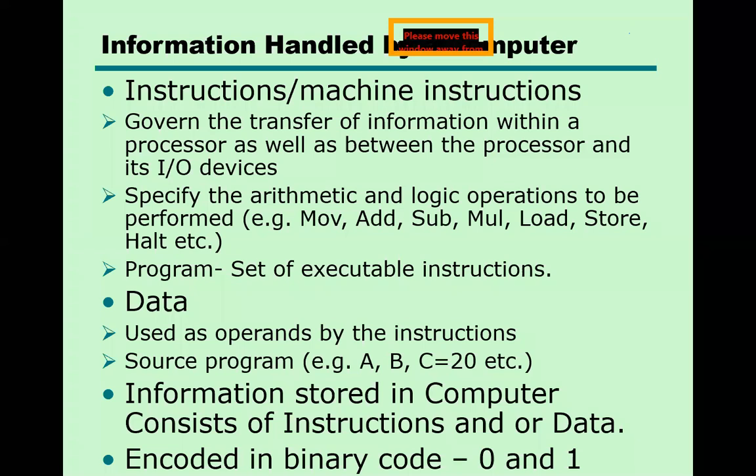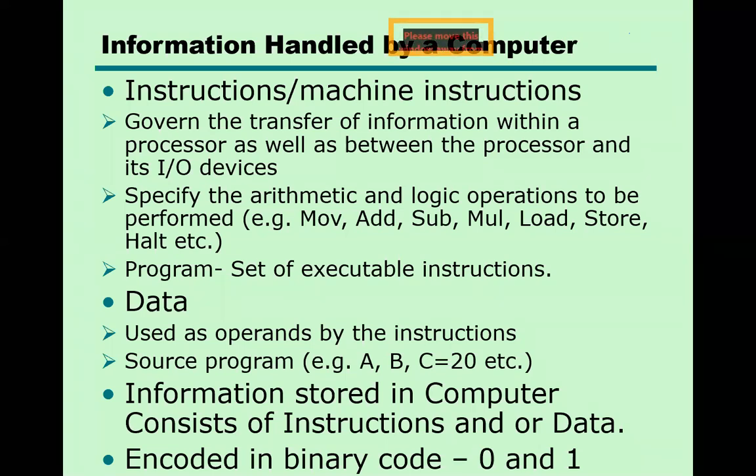Your instruction and data are again in the same form, which is 0 and 1, because the computer can understand only 0 and 1. For it, the data is data only, and the instruction is also data, because your instruction is again in the form of data only. But the data and the instruction are different.